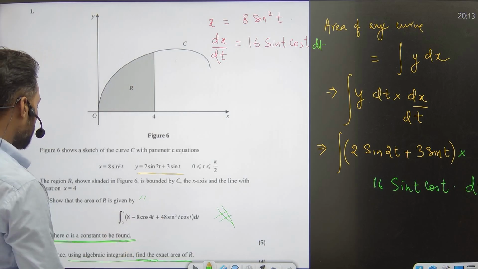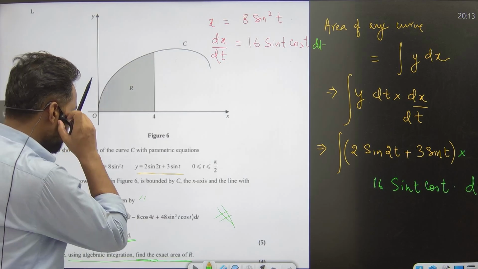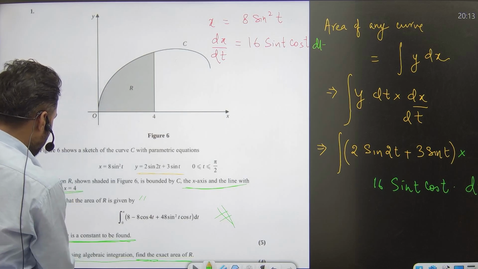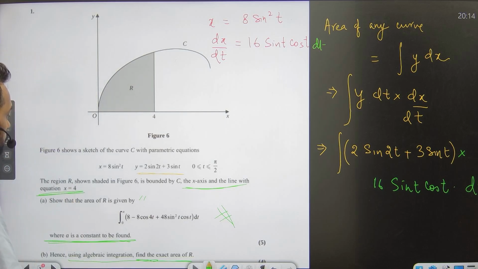In the region R, the region R shown shaded in figure 6 is bounded by C, the x-axis and the line with equation x equals 4.